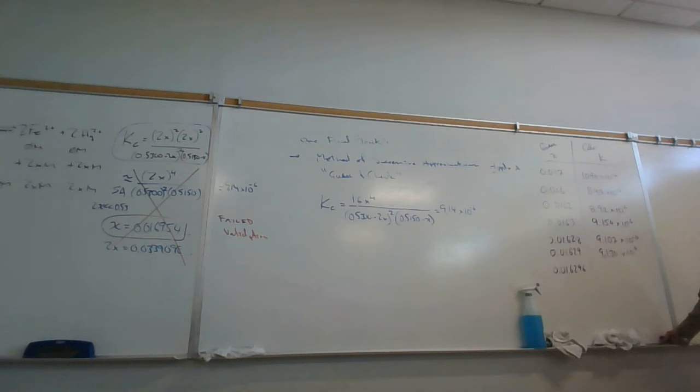So what do you guys get? Okay. Minus 0.032592. Close parentheses, square that, divided by parentheses 0.515 minus 0.016296. Oh, okay.